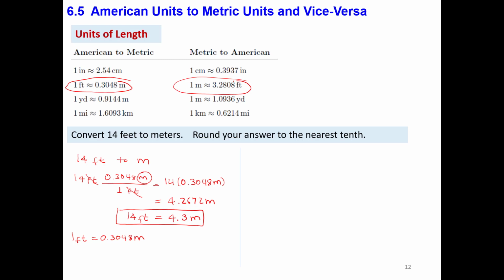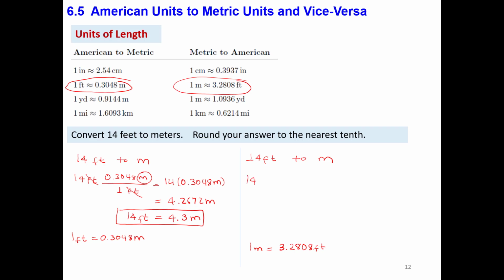And 14 feet to meters. Here we have 1 meter is approximately 3.2808 feet.